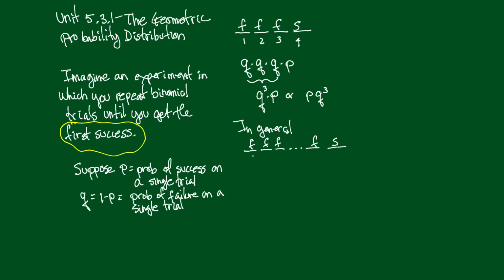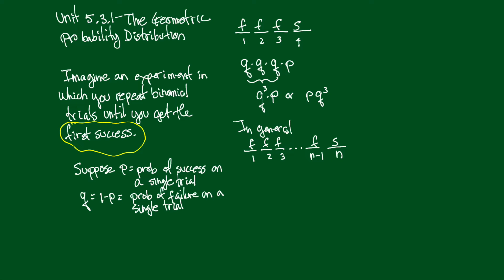So on trial 1, I get a fail. Trial 2, I get a fail. Trial 3, I get a fail. Now, what number goes here? What I want is a success on the nth trial. I want a success on trial n. So this would be 1 before that.